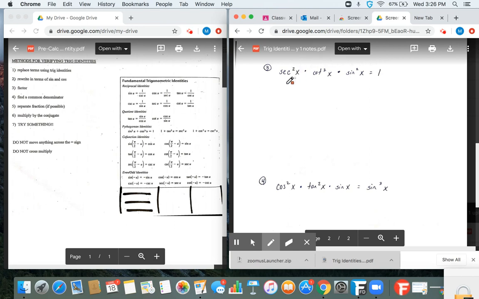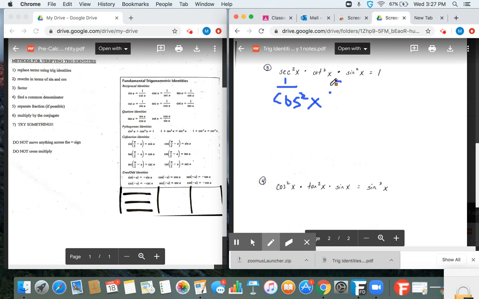So like secant squared x, if I wanted to rewrite that, I could rewrite it as 1 over cosine squared x. All right. Cotangent squared, I'm going to rewrite that as well.